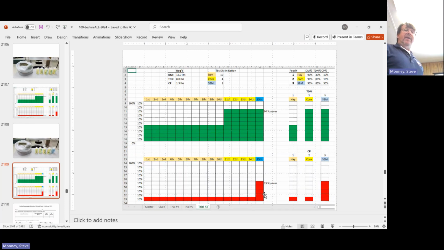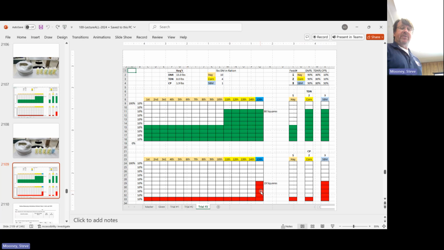What does that look like when we plot it in? We take out the last corn here on the end and bring in the soybean meal. Does it change our energy? No, it's the same as it was before. It's still balanced. What happens with our protein?